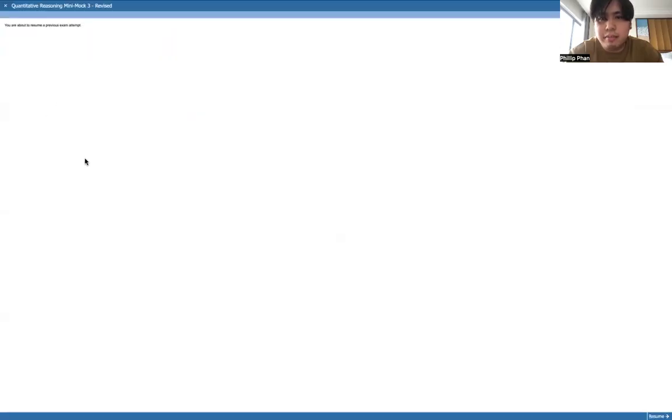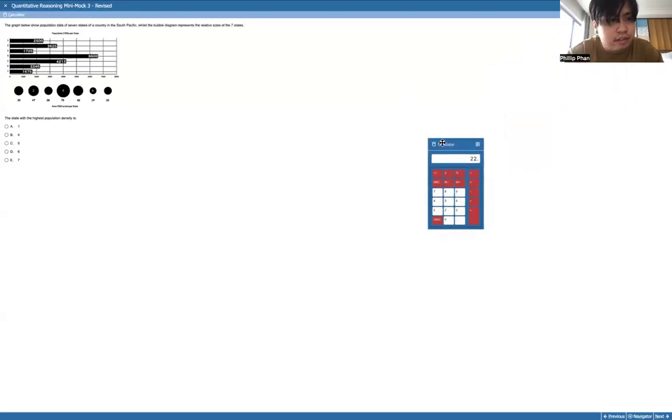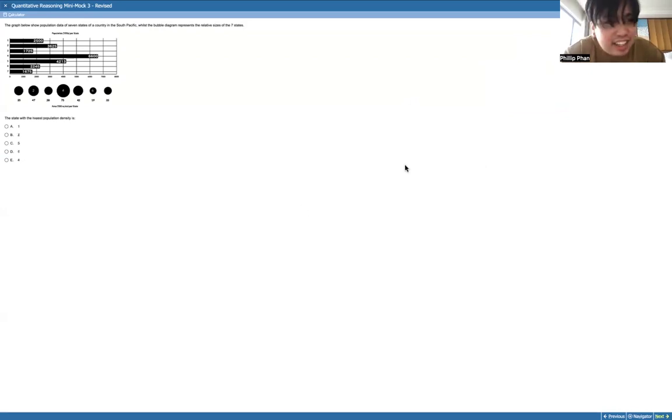I accidentally hit the back button of my keyboard. You can see I'm going really quickly right now, so it's definitely throwing off my rhythm, accidentally clicking back and forth. Say the lowest population density.